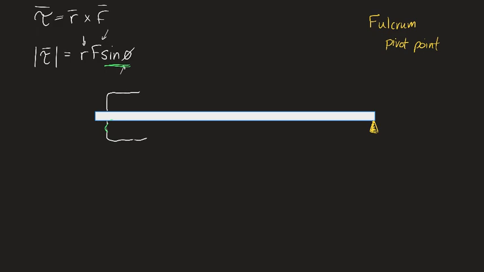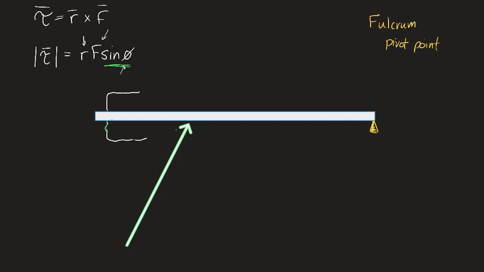If the force is being applied to the door, say here, oops, not there, say here, the torque arm is a vector that starts at the pivot point and is directed to the point of application of the force. I'll say that again because some of you should write things down.